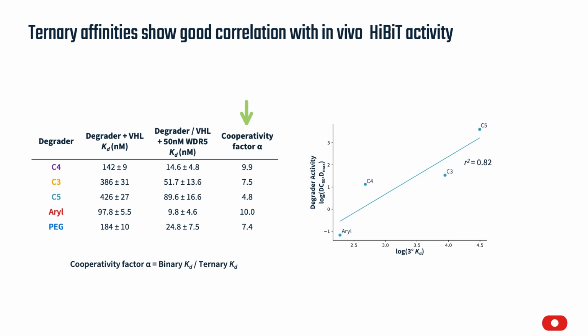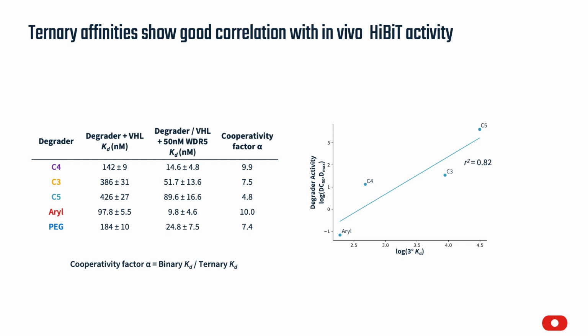And lastly, we have the cooperativity factor alpha, which can be defined as the binary KD value divided by the ternary KD value.